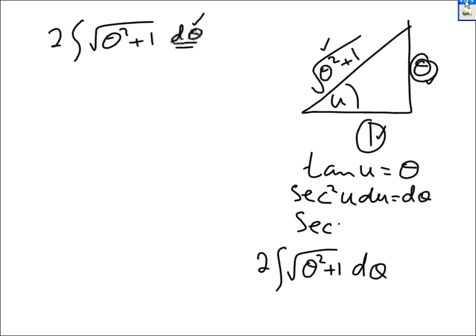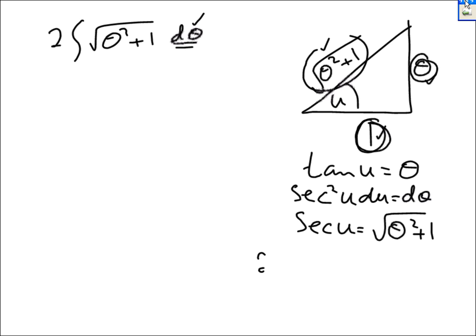Well, the secant of u is hypotenuse divided by the adjacent. It's exactly what I wanted: theta squared plus 1 divided by 1. Dividing by 1, the rule is don't bother doing it. Okay, so what we get is 2 times the integral from 0 to pi over 2 it was.